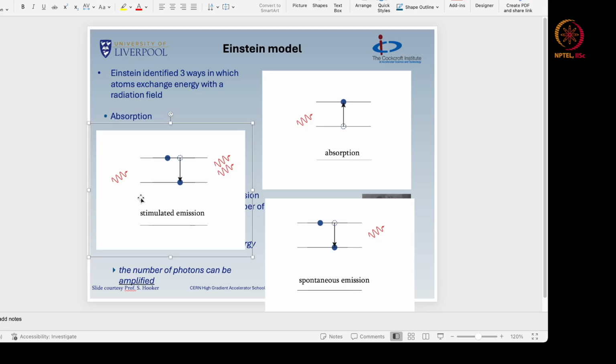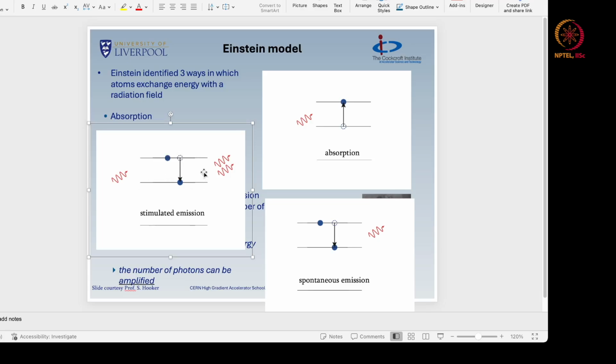Now, what is stimulated emission? In stimulated emission, there is already an electron at the higher energy level. A photon comes and bumps this electron from that level to the ground level, because remember, it was unstable here already. So it just requires a little bit of a push.